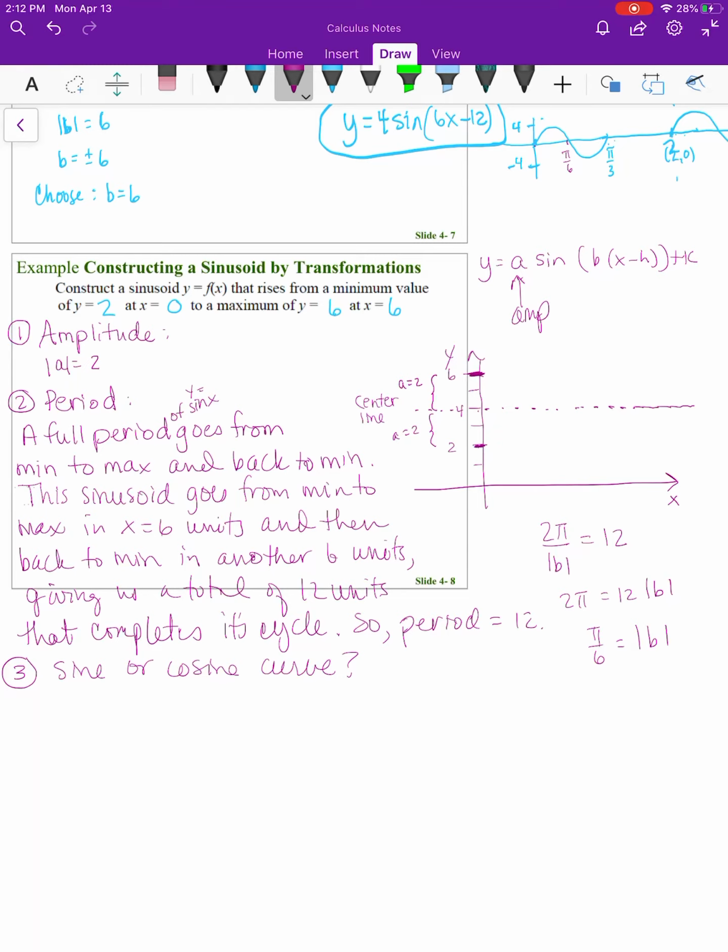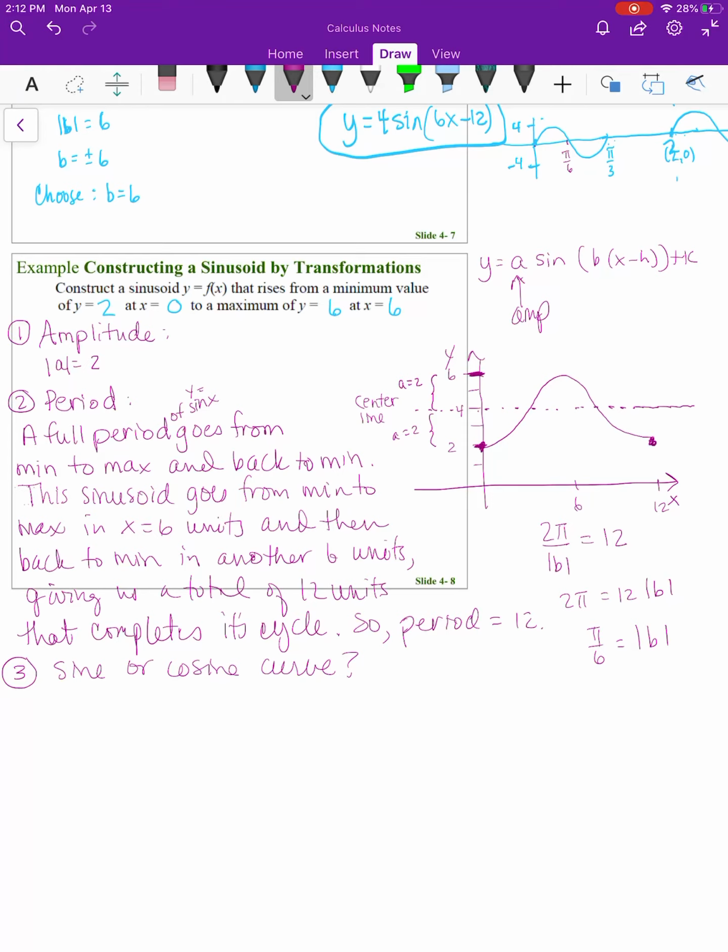But this one, let's think about it, because it starts out at 0 at its min. So it's starting out at its min here, and then it's going up to its max and back down, like we said, in 12 units. So its max was at 6. Okay, so this is what we have so far.